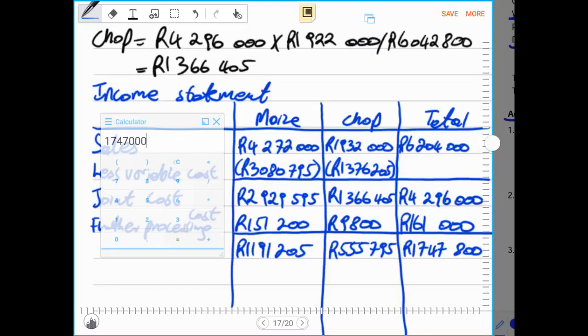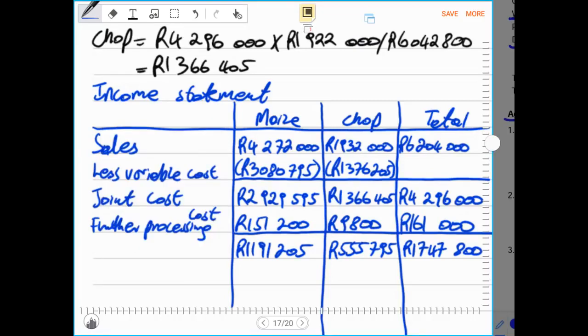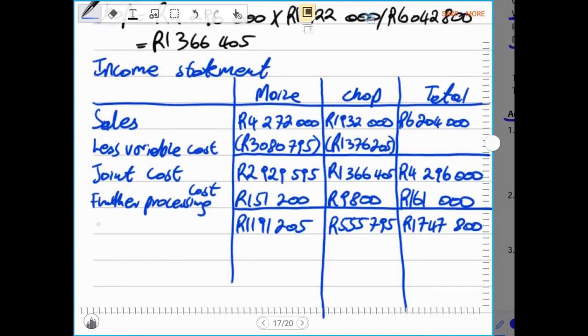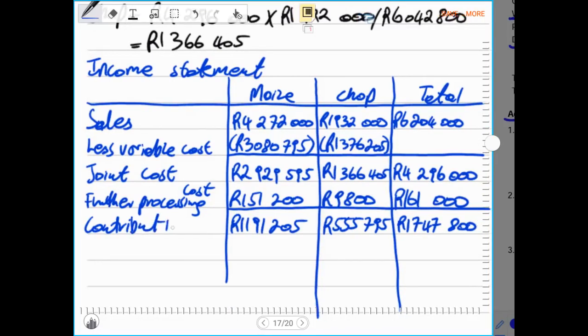So now this will be our contribution. In other words, sales minus variable cost always gives us what we call contribution.